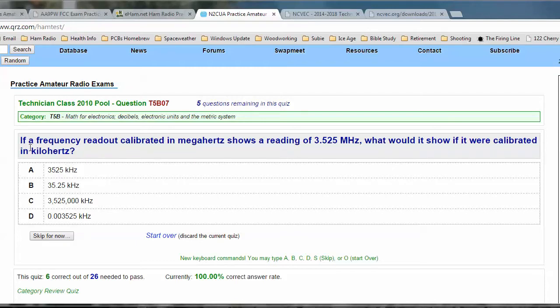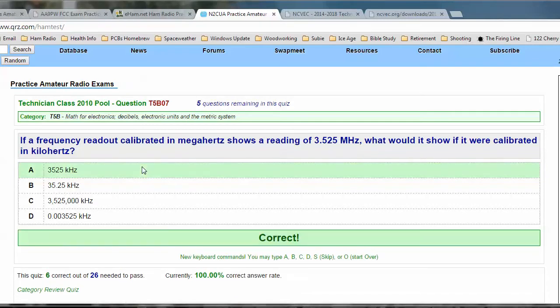So kilohertz is 1,000 hertz, and megahertz is 1,000,000. So kilo is 3 decimal places, and megahertz is 6, so the difference between the two is 3. So you would want to move this decimal point 3 places to the right, which would give you 3,525 kilohertz.